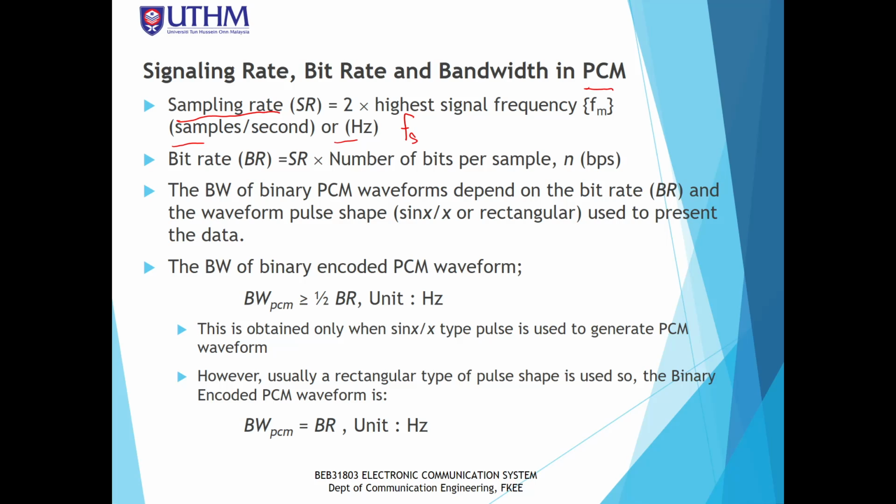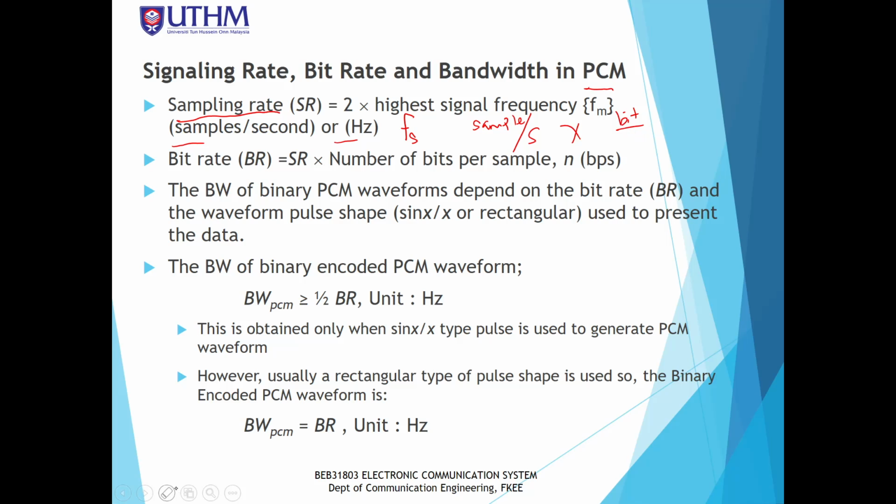So bit rate is equal to sampling rate multiplied with the number of bit. Okay, so kalau you lihat di sini, tadi sampling rate adalah sample per second, and then you multiplied with the number of bit per sample.